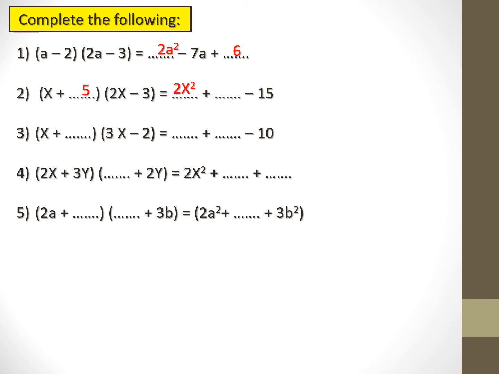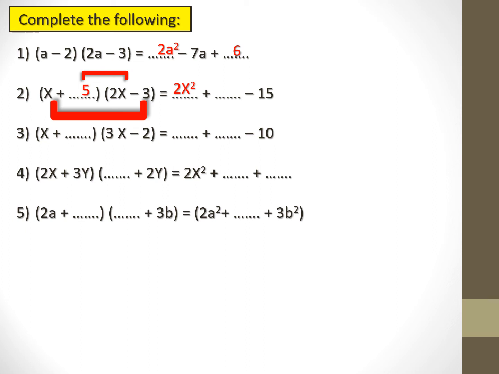Now we want to find the middle term. We can find the middle term by adding the product of means and the product of extremes. The product of means, 5 times 2x equals 10x, and x times negative 3 equals negative 3x.